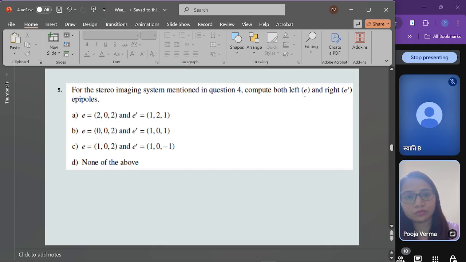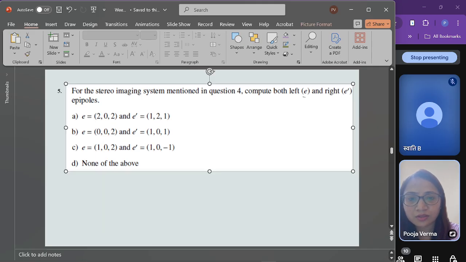Okay, so left and right epipoles can be calculated from the camera centers and the left and right camera matrices themselves. The right epipole, that is E dash, is the projection of the left camera center C into the right image.